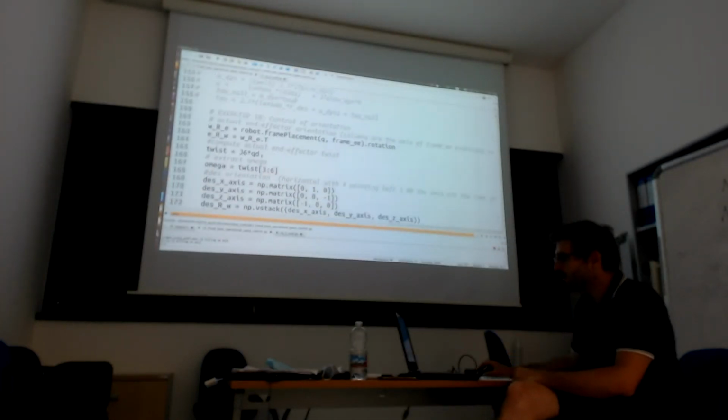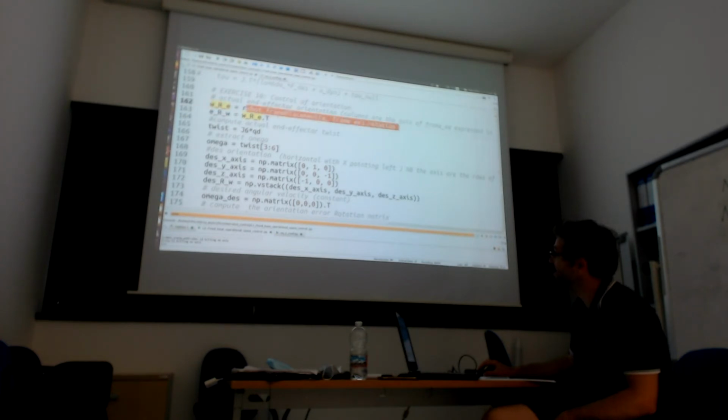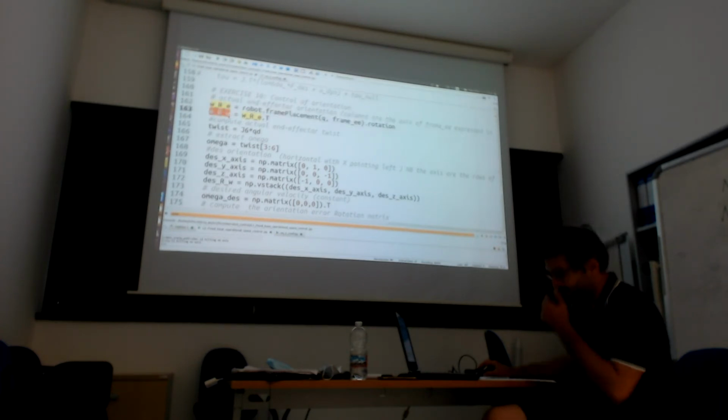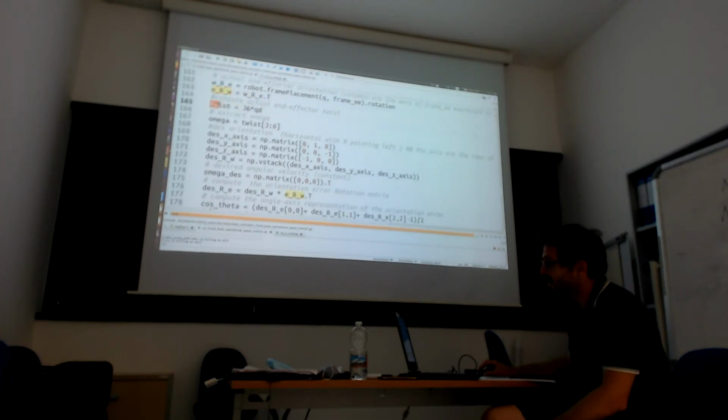So first we get the orientation of our end effector, the actual orientation, and okay, this is from the end effector to the world because Pinocchio provides this, and we get the world to the end effector rotation matrix. Then we get the twist, which this time is the linear and angular velocity, vector 6. We get the omega, which is the angular part of this.